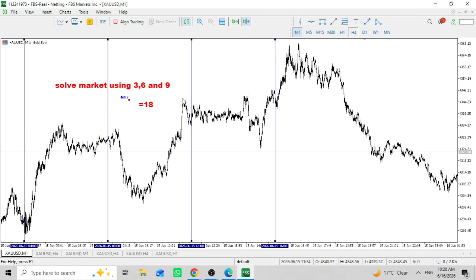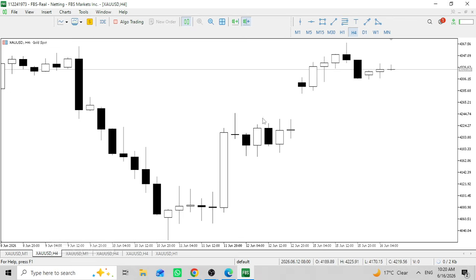I need to get this 4-hour candle range. This one, high minus low. The better way is you can mark it. It's high, it's low. You can mark it and take those points and take the difference. But big boss, I usually move to the 4-hour chart like this. Go to that 8 a.m. 4-hour candle, which is this, and basically it will give me its high.